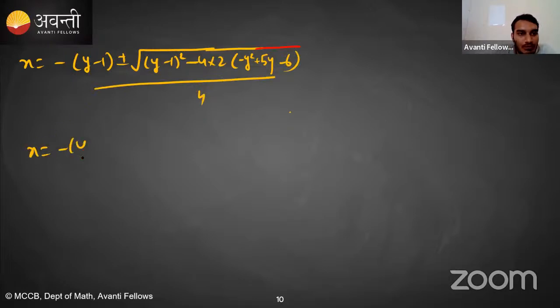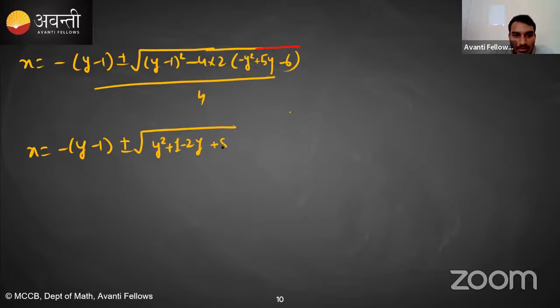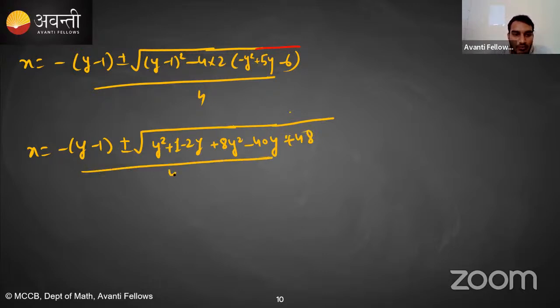What is x now? Solve it: x is equal to minus (y minus 1) plus minus under root of (y minus 1) whole square, which is y square plus 1 minus 2y, and then minus 8 into minus y square gives plus 8y square, minus 8 into 5 which is minus 40y, minus 8 into minus 6 which is plus 48, upon 4.